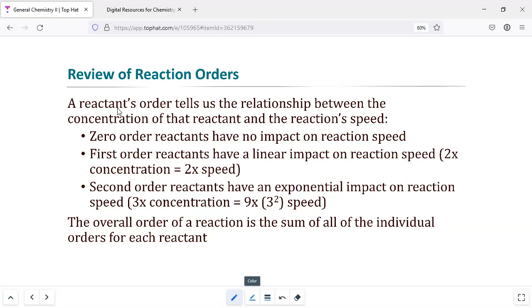So again, keeping with these ideas, zero order would mean that we have the exponent equal to 0. Zero order reactants have no effect on the speed of the reaction. So I can raise their concentration all I want. It's not going to increase the rate of reaction.